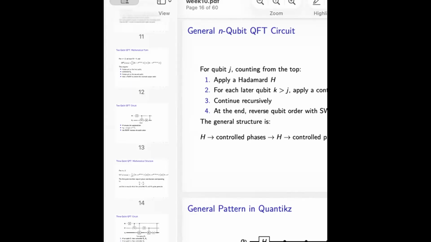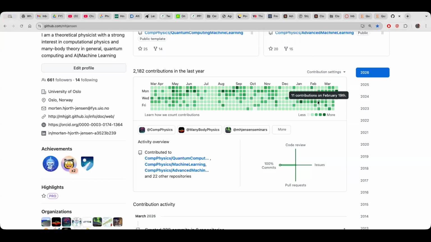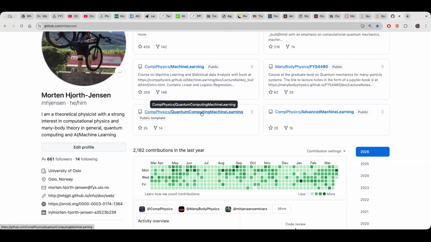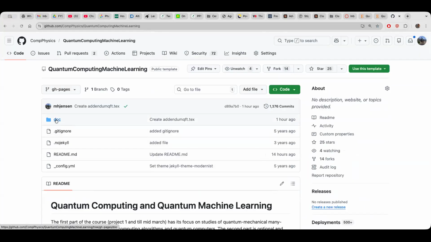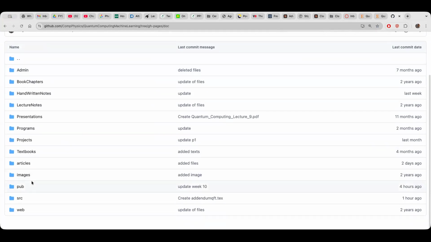By the way, as a small digression here, let me just find an example. If you go to the GitHub address for the course, you will find examples for every week.